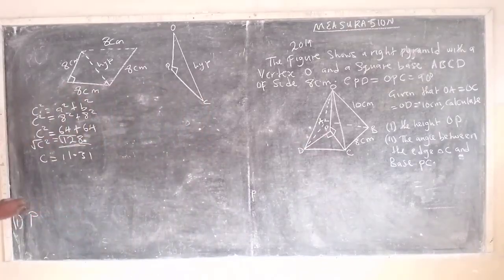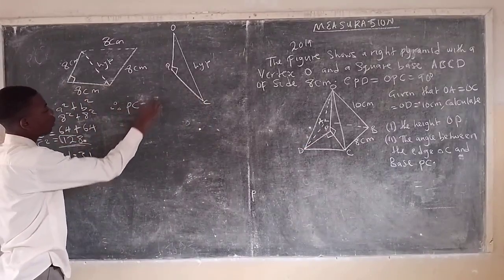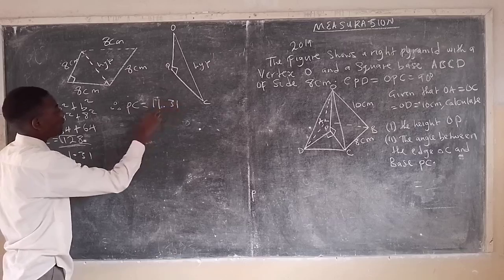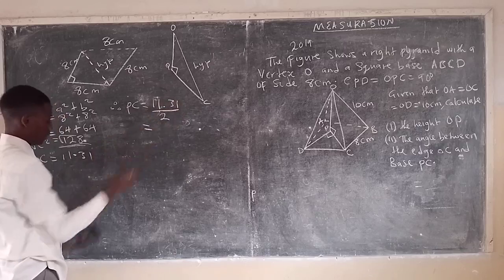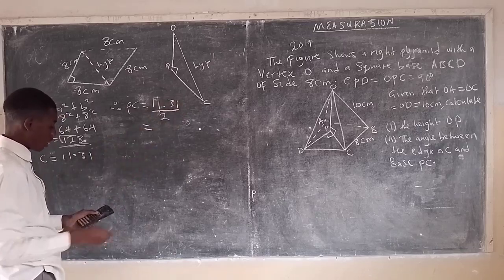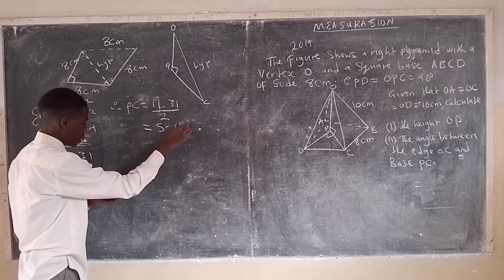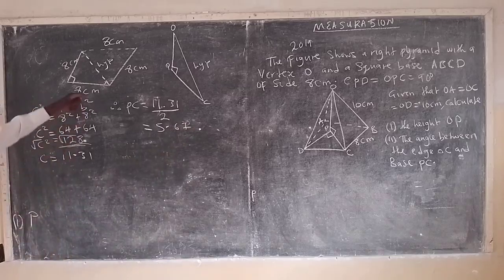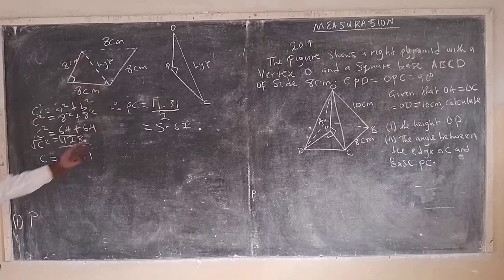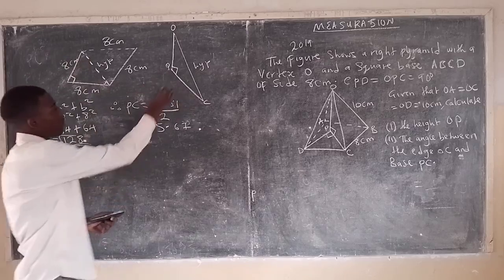So our PC is equal to 11.31 divided by 2, which gives us 5.67. So all of this is 11.31, but we only need PC, which is 5.67.